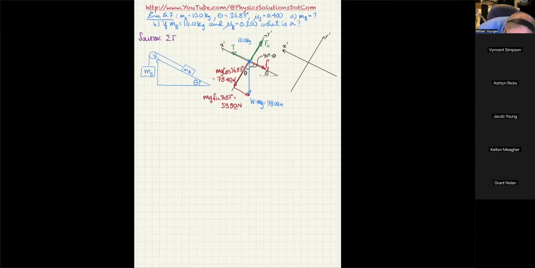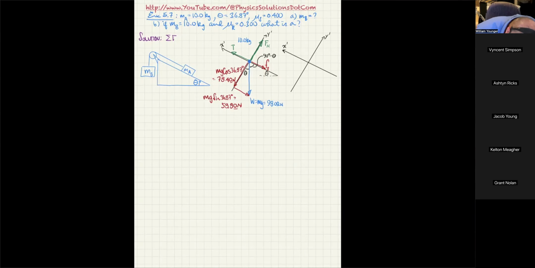So there's our normal force. We still have the mass here that's 10.0 kilograms. We still have the vertical force that's 98.00 newtons. We still have this force.